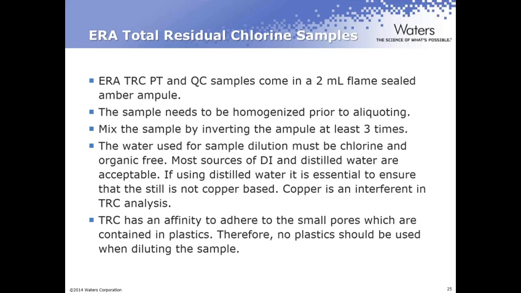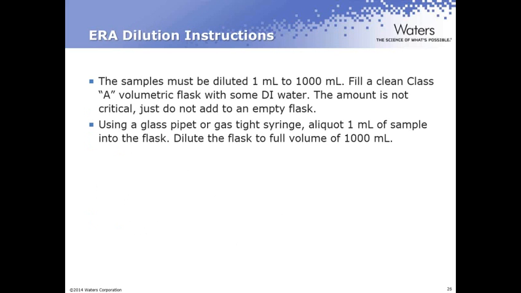And what happens is that chlorine has a tendency to fill in those micropores and sticks inside your Eppendorf pipette tip, and you'll not end up releasing the entire chlorine sample into your flask when you're diluting it up, and it will cause low results. So don't use any plastics when diluting up your sample.